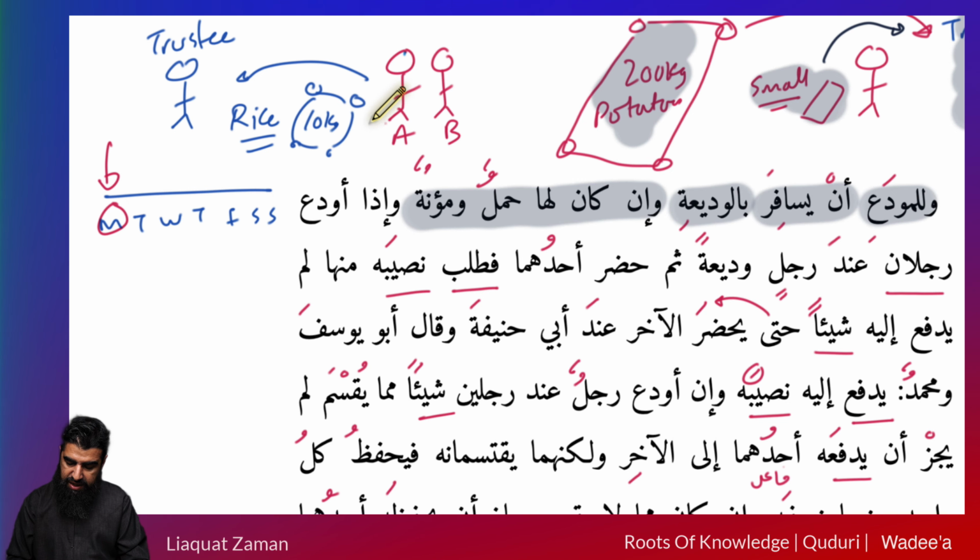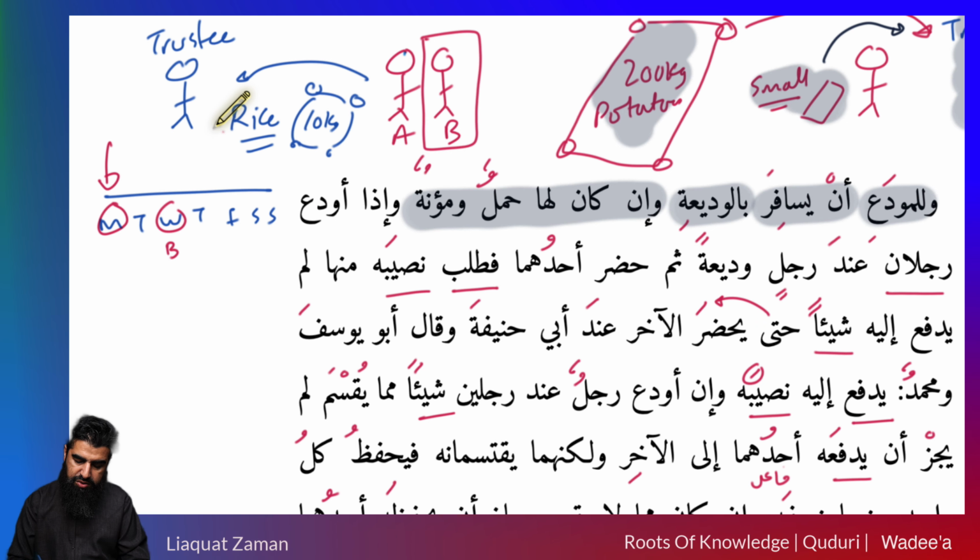Once these 2 guys have given this, on Wednesday, B comes to the trustee and says, can I have my share? Am I allowed to split this in half and have 5 kilos? Is that allowed or not?